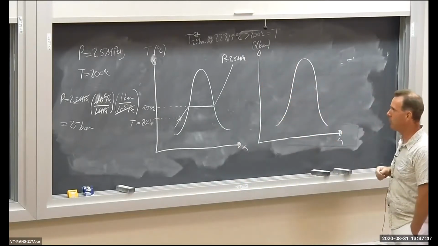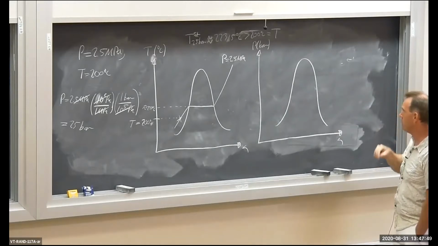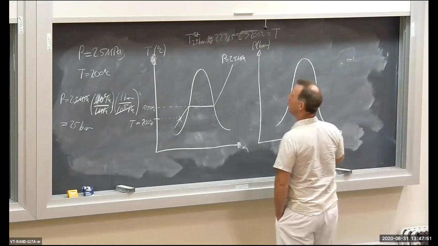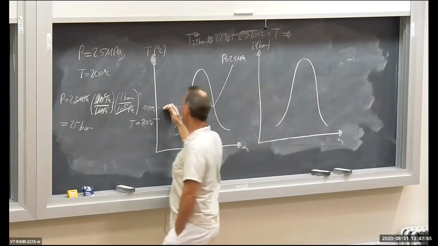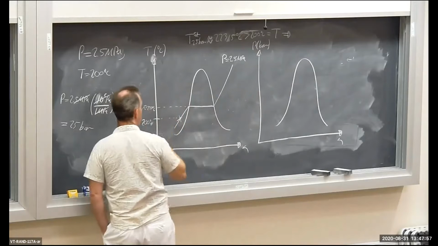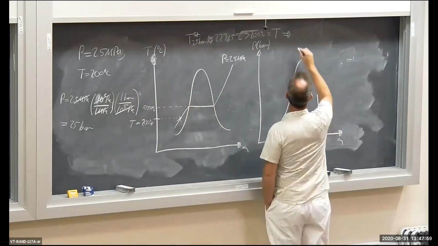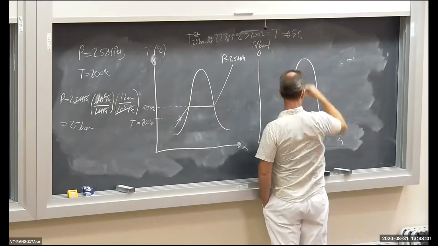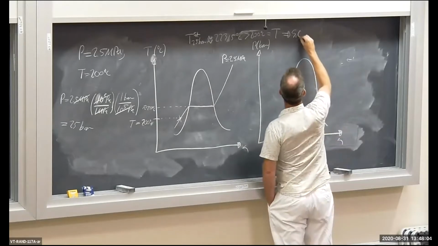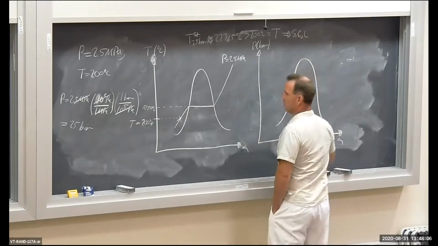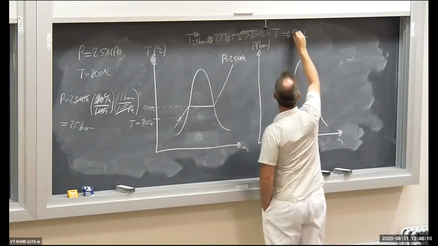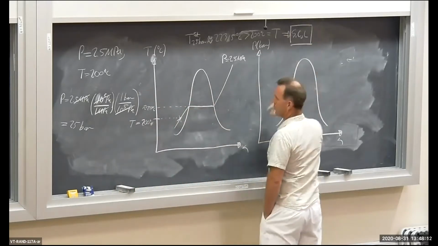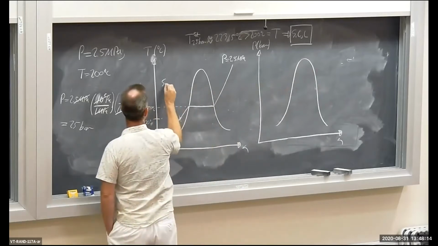Tsat at 25 bar is greater than 200 degrees C, which is our temperature. So we are cooler than boiling. Supercooled liquid, SCL.